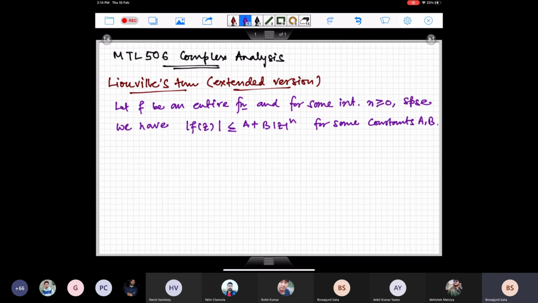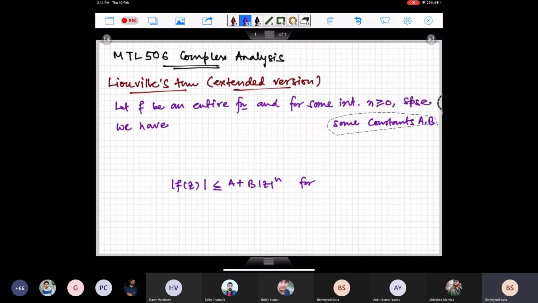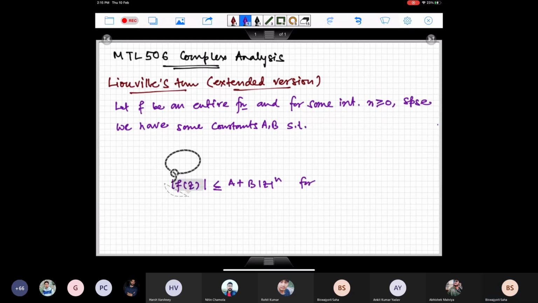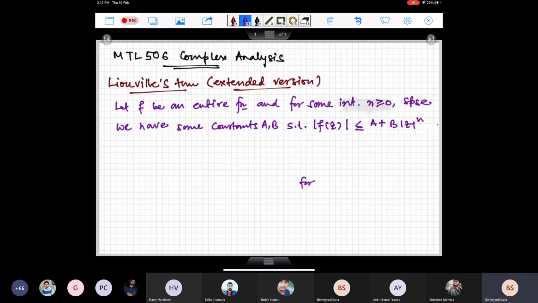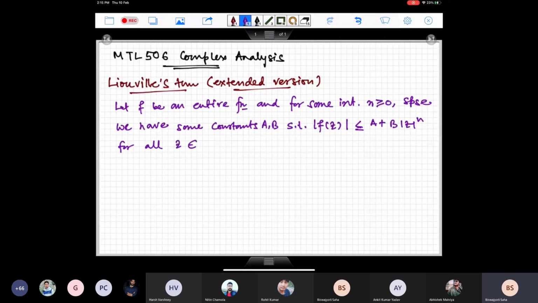Sorry, so let me write, we have some constants a and b such that this is true for all z in C, then what we can say is that f is a polynomial of degree at most n.